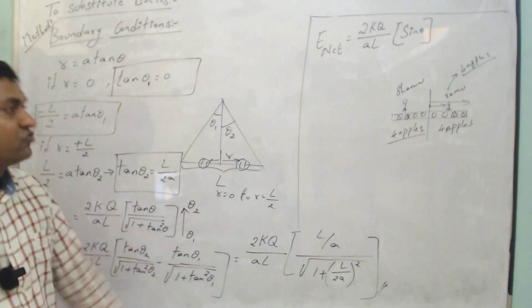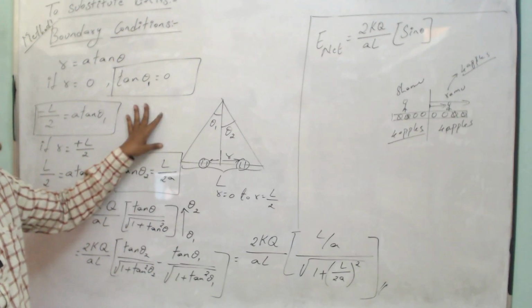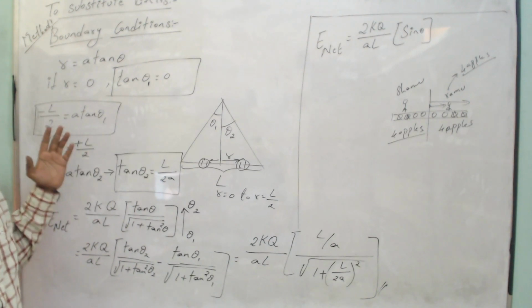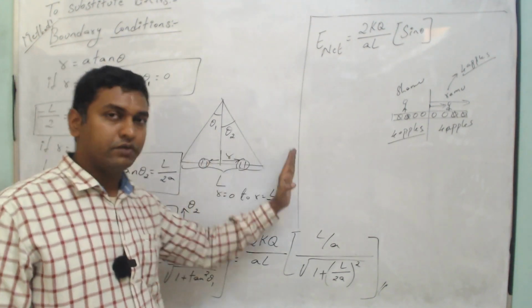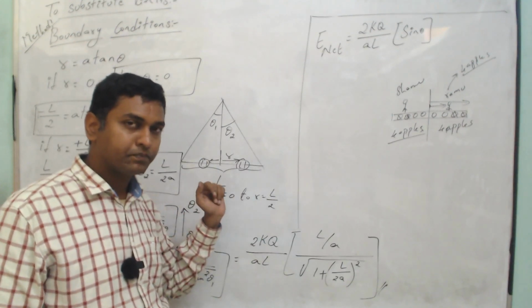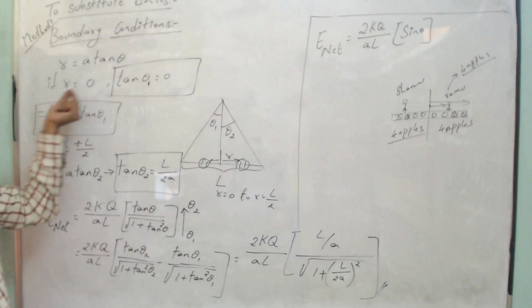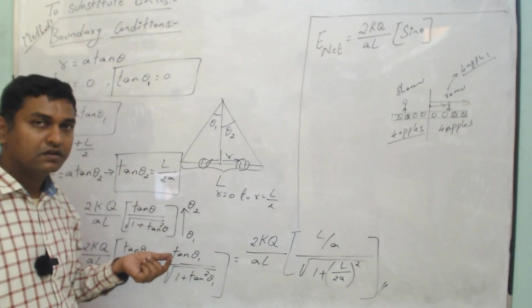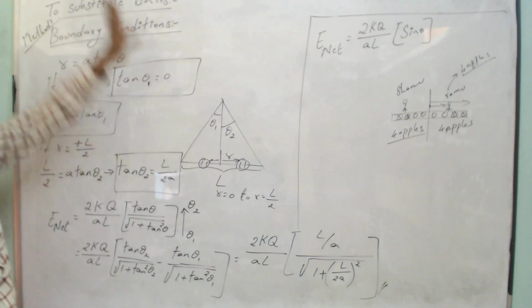So I'll just explain this once again. While substituting r is equal to a tan theta, I already know the limits of r, which is 0 to L by 2. When r is 0, I want to know the value of theta 1, so I substitute 0 over here, and tan theta 1 will also become 0.